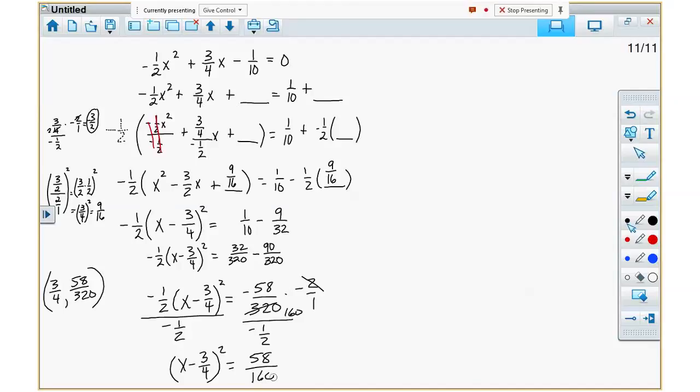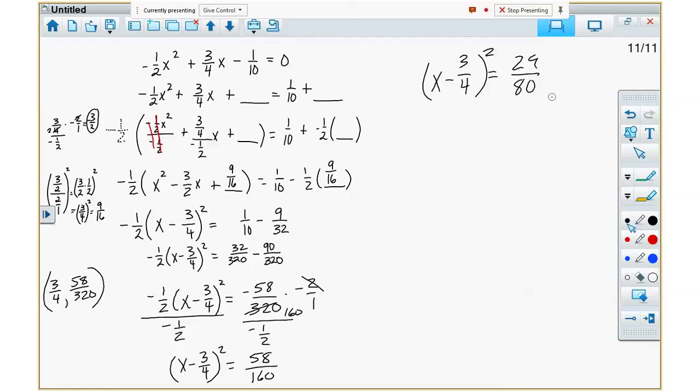So now you've got x minus 3/4 quantity squared is equal to 58 over 160, which is 29 over 80.